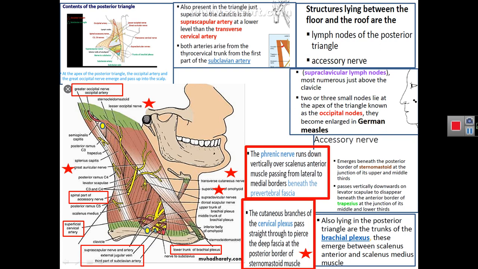These 4 cutaneous nerves of the side of the neck, which are branches of the cervical plexus, and which are content of the posterior triangle and content of the roof of the posterior triangle, include the following.